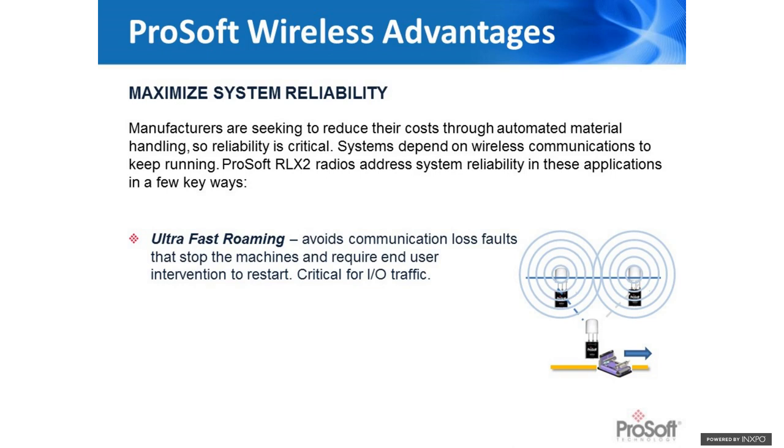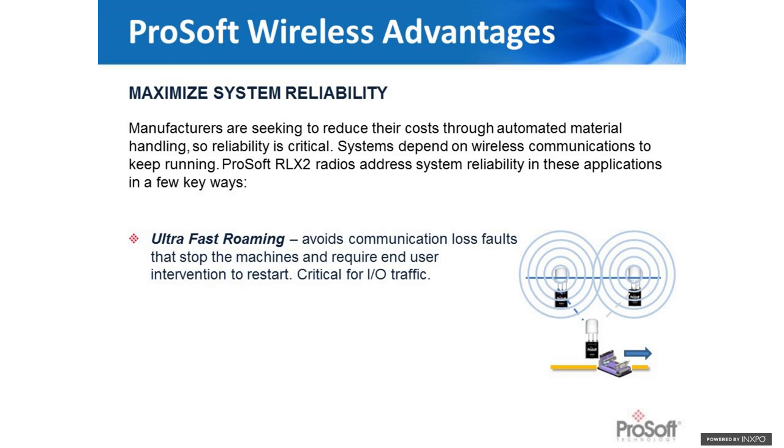One of the things that we do that's really important in this goal is what we call ultra-fast roaming. In our RLX2-IHNF product, which is our wireless LAN radio, we've implemented a technology that allows the system to roam in a near lossless way. This is critical for those safety I/O systems where losing communication, even for 50 milliseconds or 100 milliseconds, will cause a machine to stop.